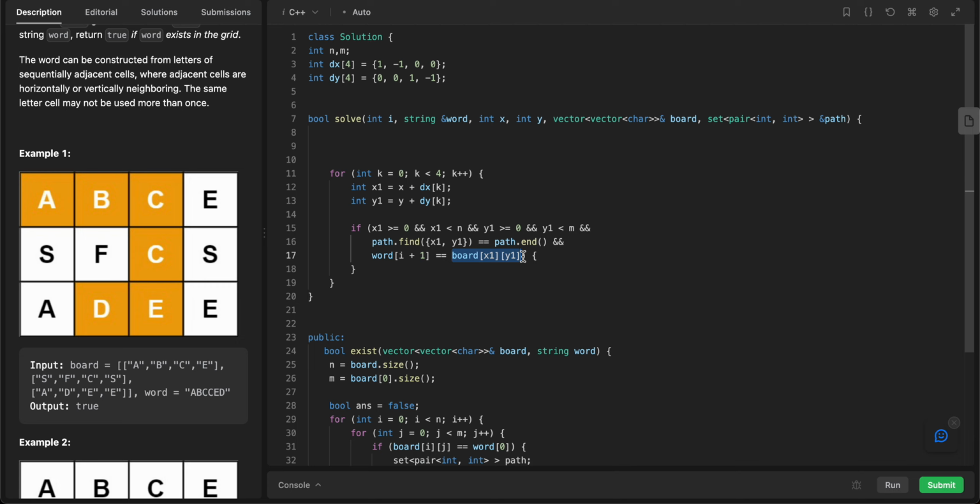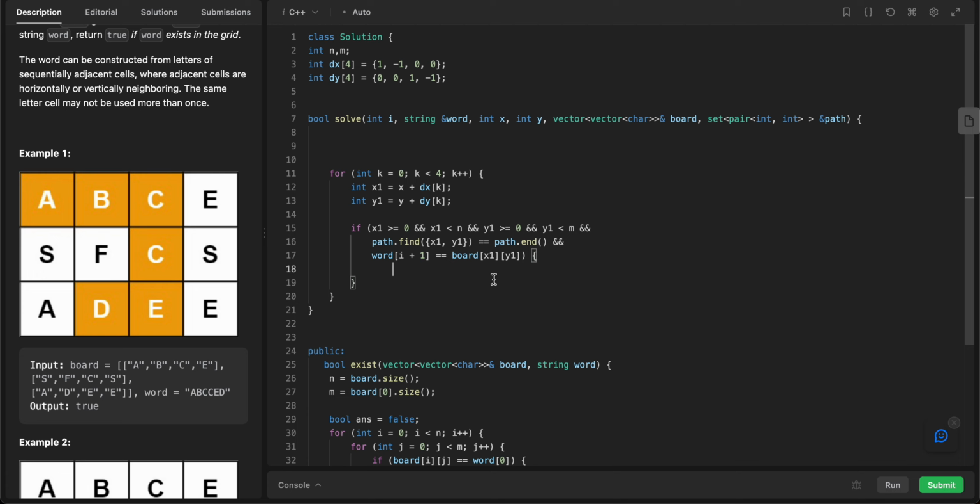That means I am going to a board. Okay, this is possible. Then we can go and solve for i plus 1 inside the word, x1 y1, board and path.